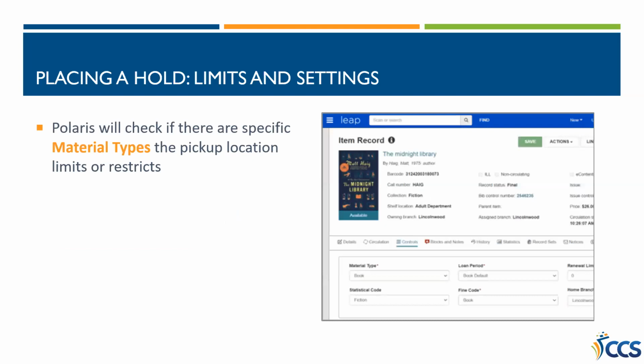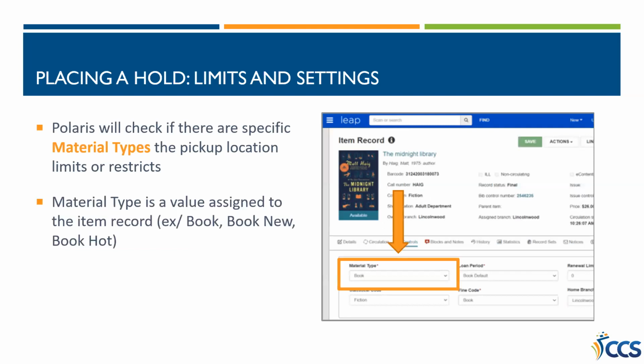But additionally at this stage, Polaris is also going to look and see if there are specific material types that the pickup location limits or restricts. And when I talk material type here, I am talking about that value in the item record.